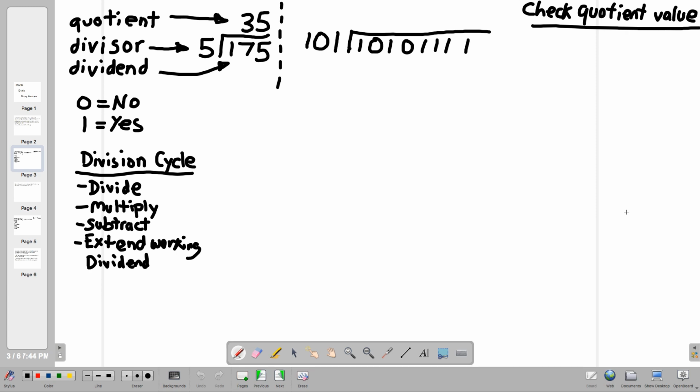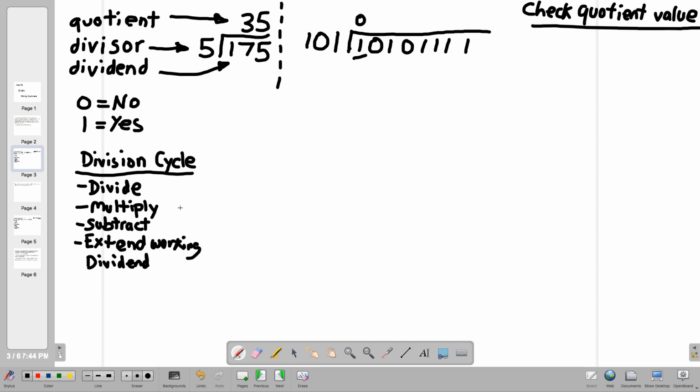If the value 5 does not go into a particular number, we say no, and that represents 0 at the top. So let's see. We start off, our first working dividend is actually 1. Keep in mind this value here, 101, is 5. So does 5 go into 1? The answer would be no. So we put a 0 to the top here.